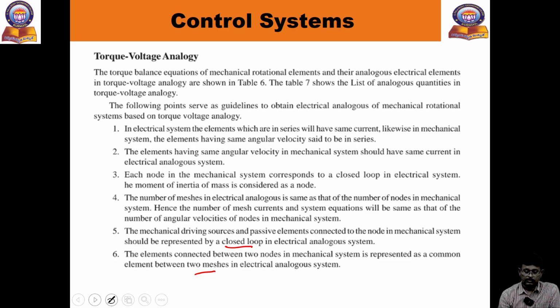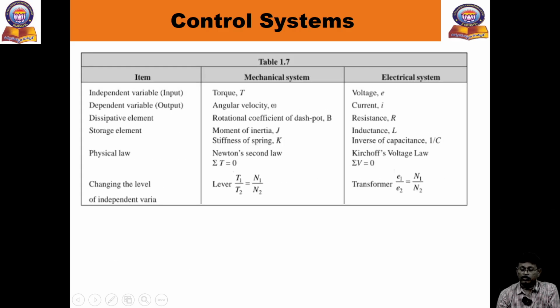Now you can see one table also. You can observe the previous case, mechanical systems and electrical systems. For translation systems you get force, and in rotation systems you get torque here. Voltage is the same.